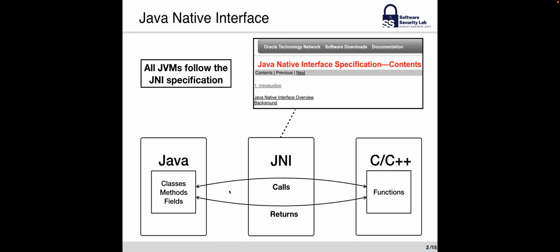Most JVMs support JNI, and the JVM vendors provide the JNI features by complying with the JNI specification developed by Oracle. So this is the JNI specification developed by Oracle. All JVMs that support JNI follow these JNI specifications.